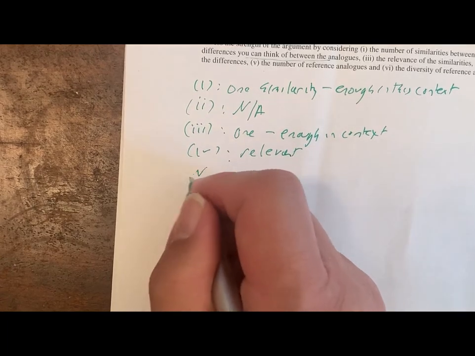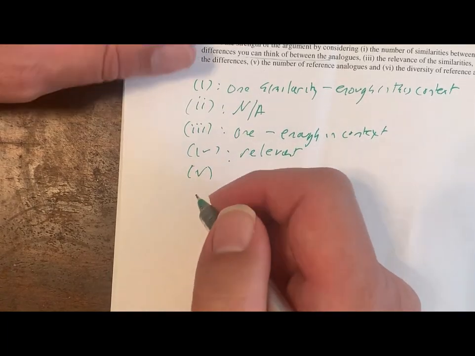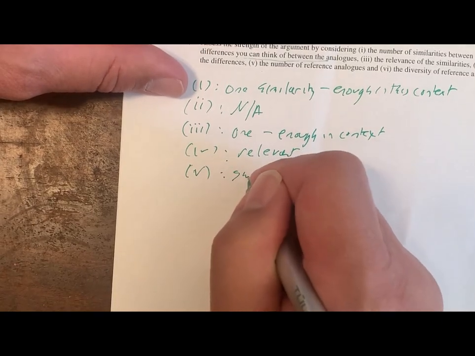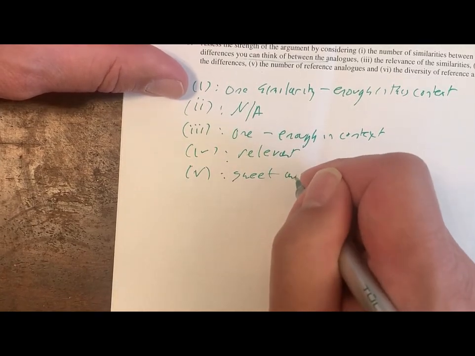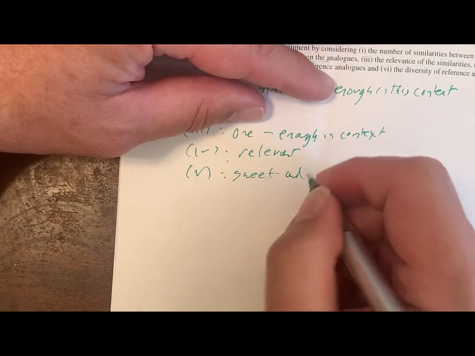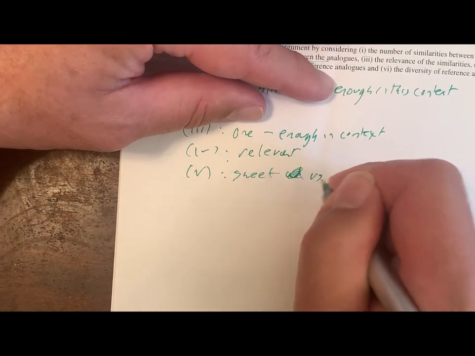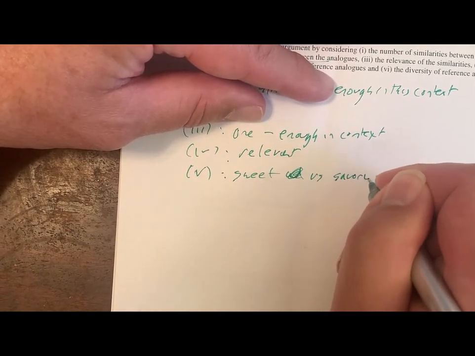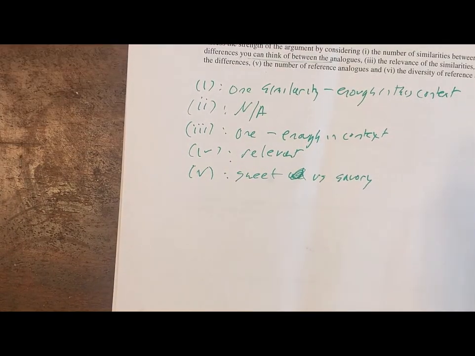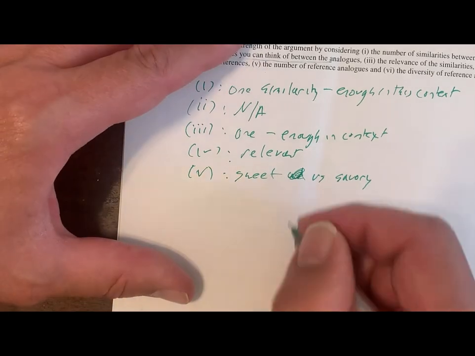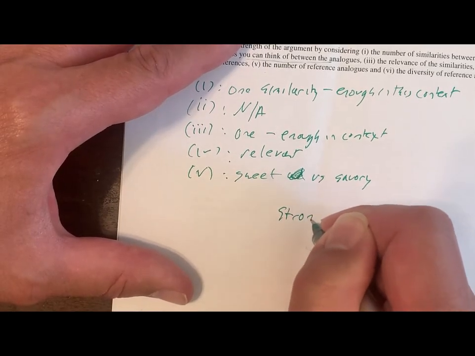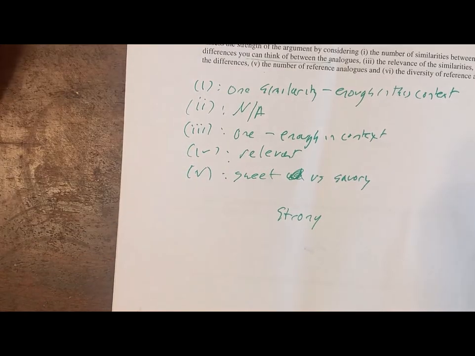Possible differences, well, jelly is sweet and butter is savory. I don't actually think that's all that important, though. I mean, we mix savory and sweet all the time. So, seriously, just let Ramona put jelly on her mashed potatoes. This argument is strong. Kids 1, parents 0.